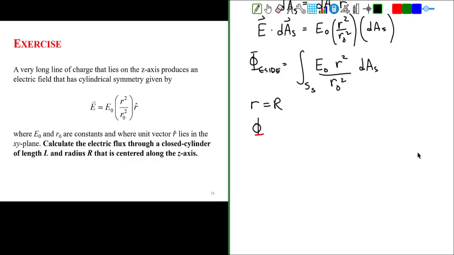So I can rewrite the electric flux through the side as E naught capital R squared, for the radius of the cylinder, over r naught squared, which is some constant, times the surface integral of the area that we are interested in, the area of the side.